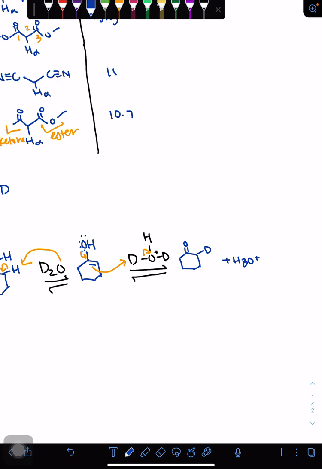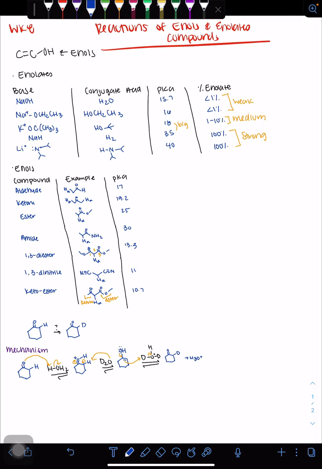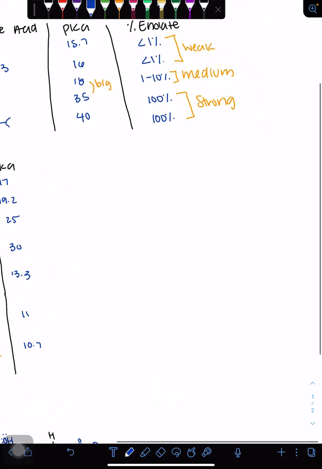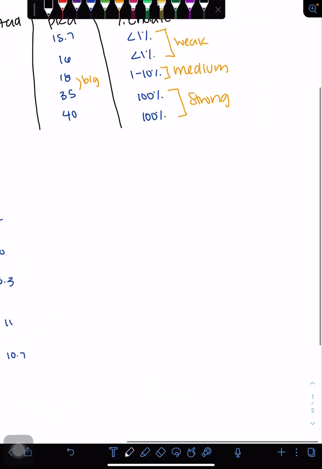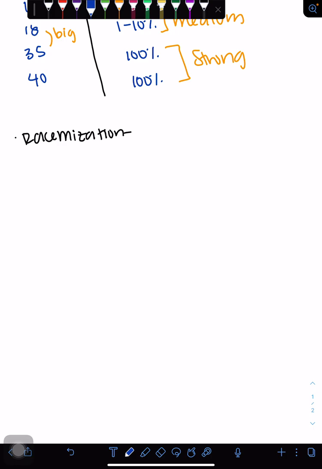Now we can also look at another reaction, but this one's called racemization. Okay, so let's say we started with this product, and we reacted it with an OH group.